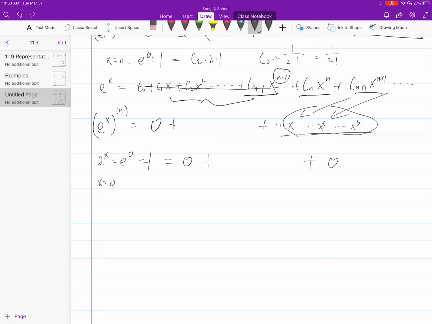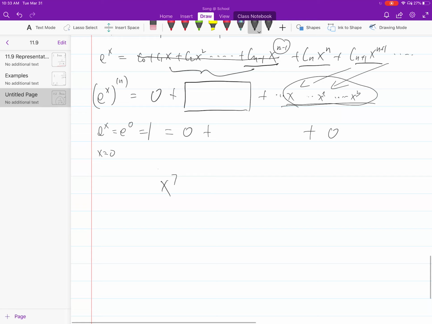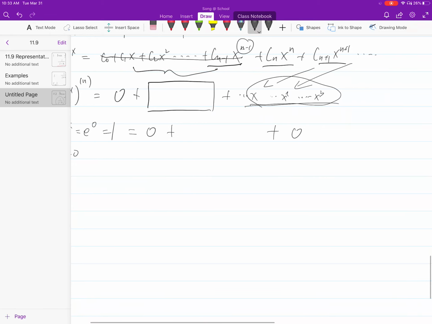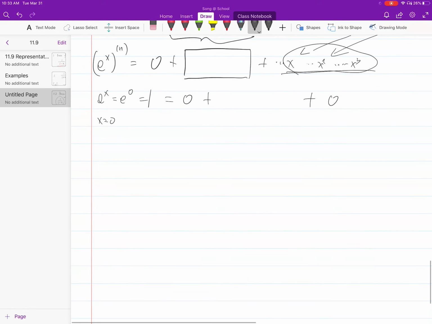Good so far? But there will be a term which does not go to 0, which does not contain any x anymore. This term will remain. What is that term? To see the same analogy, x to the 6, x to the 5, let's say you take the derivative 7 times. X squared all the way up to x to the 6, they're all gone if you take the derivative 7 times.